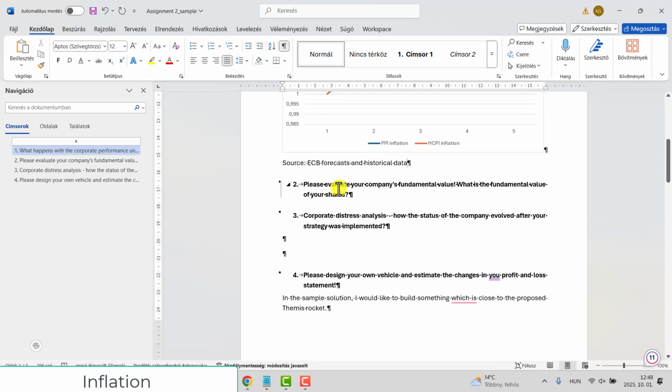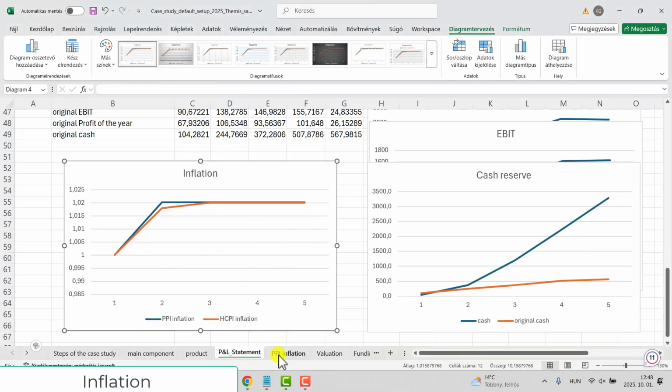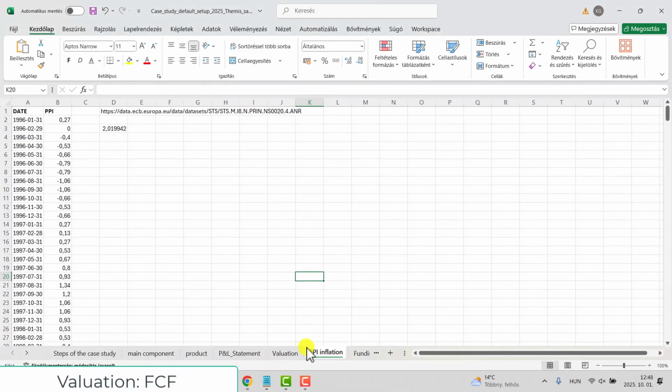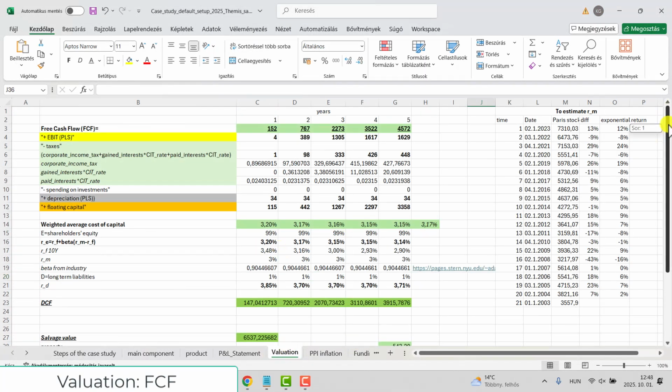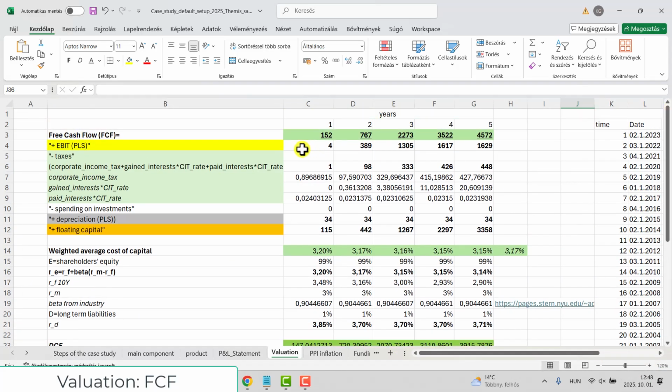Yeah. Now please evaluate company fundamental value. What is the fundamental value of your shares? This is the more interesting part, so sorry for this delay, but now we can check the discounted cash flow. Luckily, all of these things are mainly or mostly calculated, so we still should check that is this valid or not.